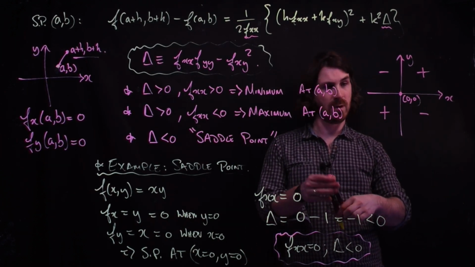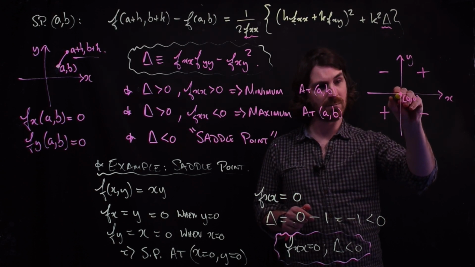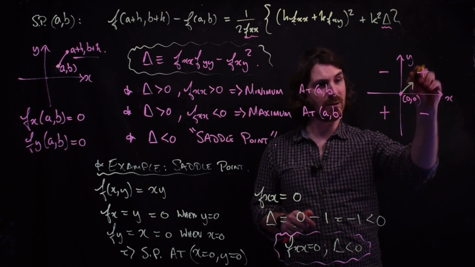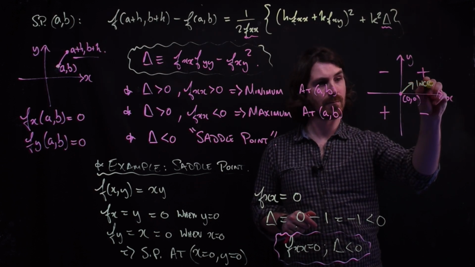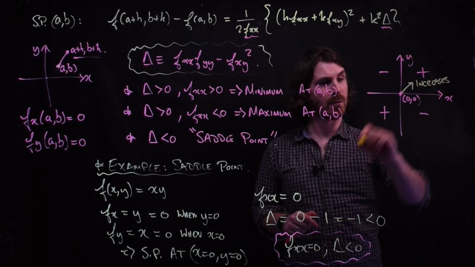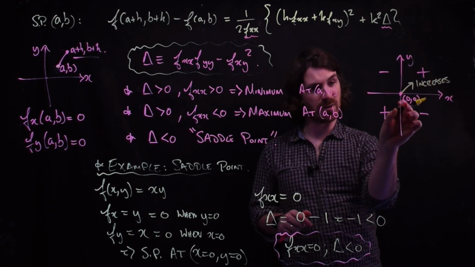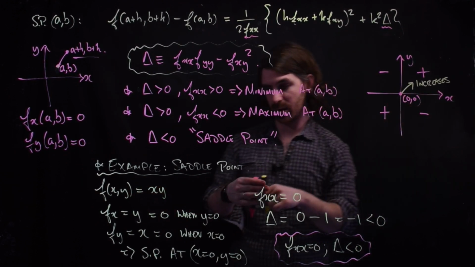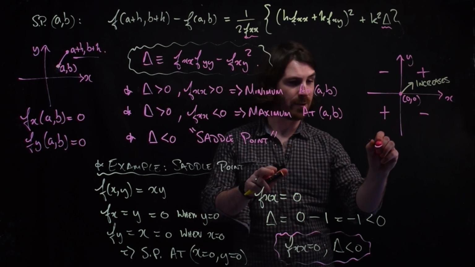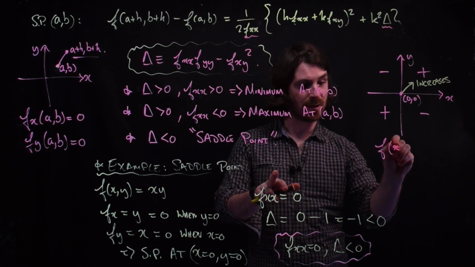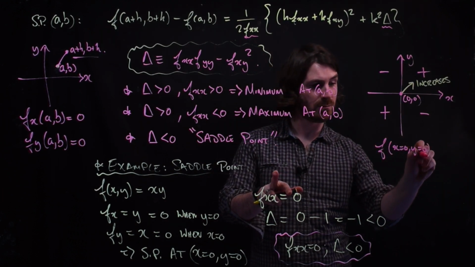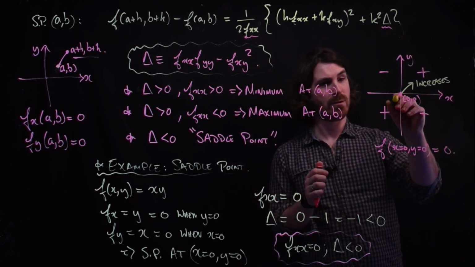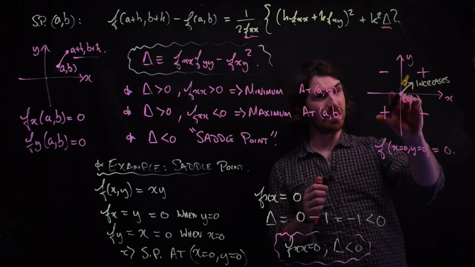Okay, so if you start from this stationary point and you go in this direction, then the function increases, because this point is 0, so the function at 0, 0 is 0. So f evaluated at x equals 0, y equals 0 is just 0. So you increase as you move any direction into this quadrant.